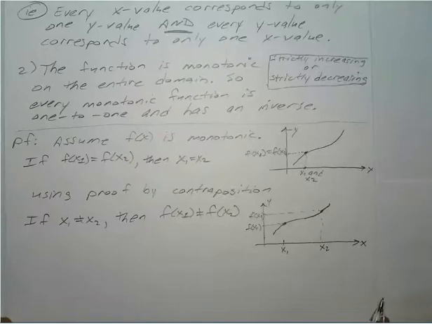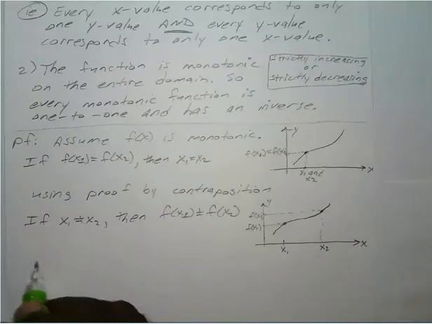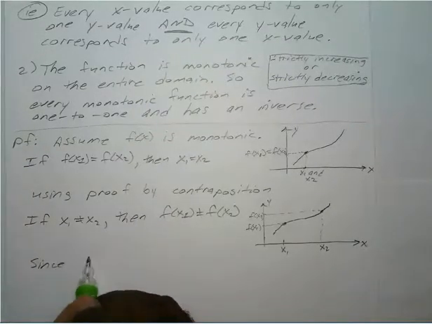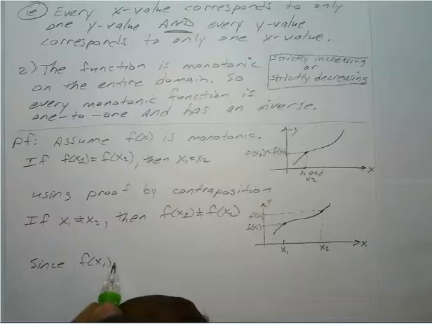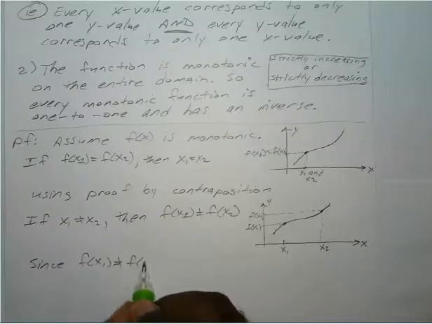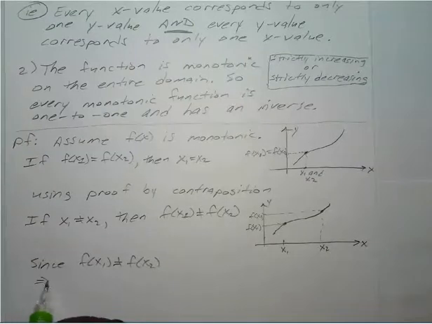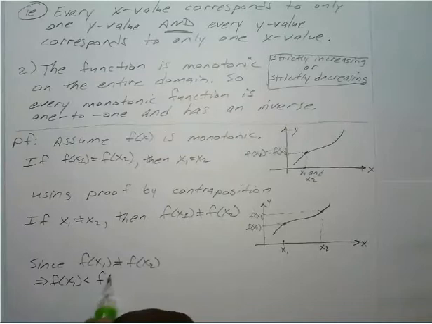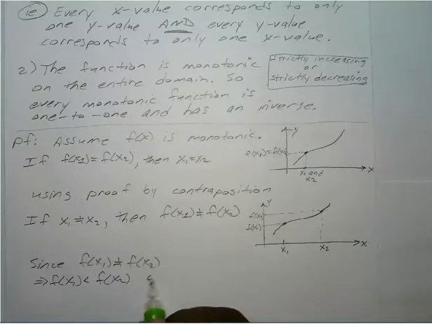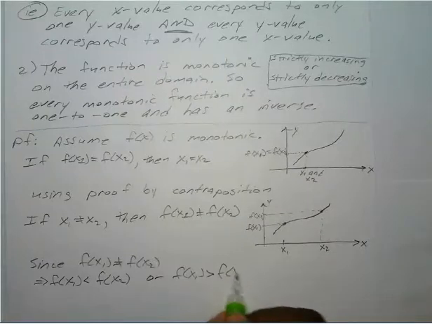So what does this tell us? Since f of x1 does not equal f of x2, this implies that either f of x1 is less than f of x2, or f of x1 is greater than f of x2.